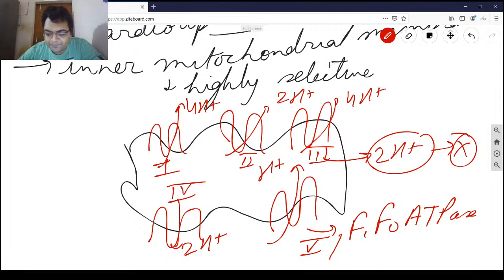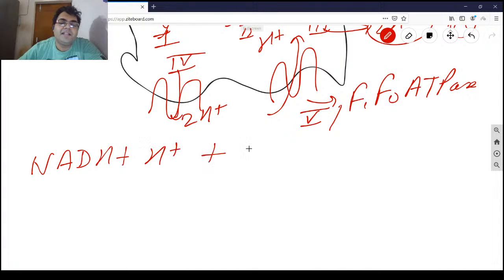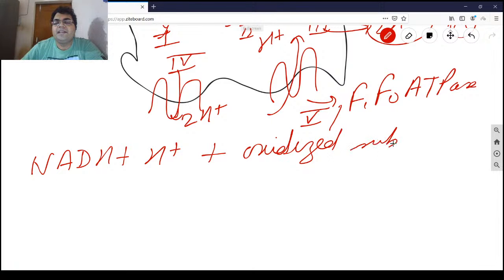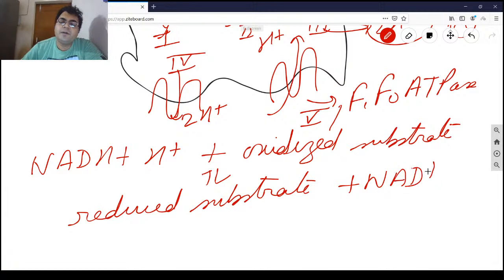NADH plus H plus plus oxidized substrate, it will be a reversible reaction. What will it produce? It will produce the reduced substrate that we are looking at, right? That is complex 1, plus NAD plus. So that is known as the oxidative process, then later on oxidative phosphorylation.